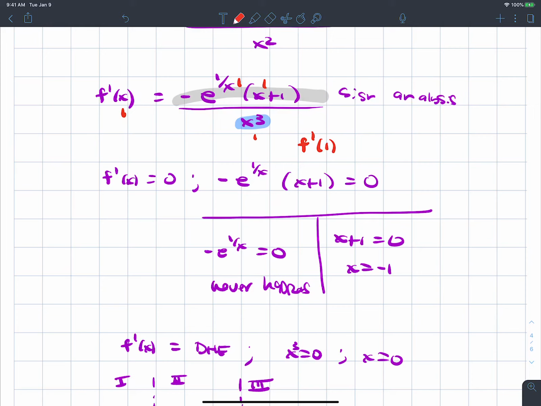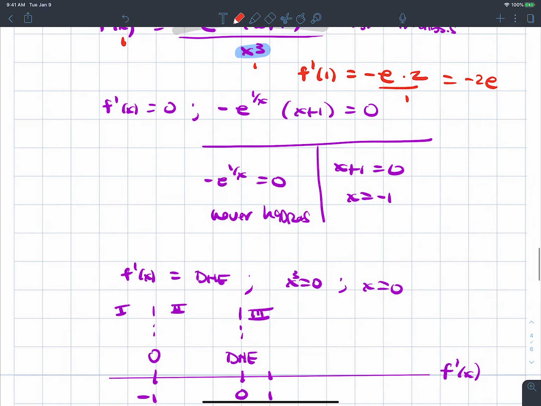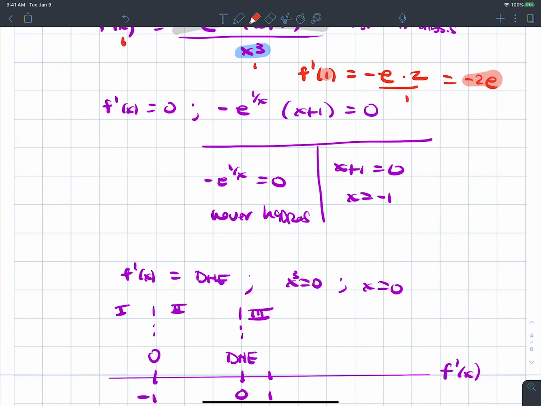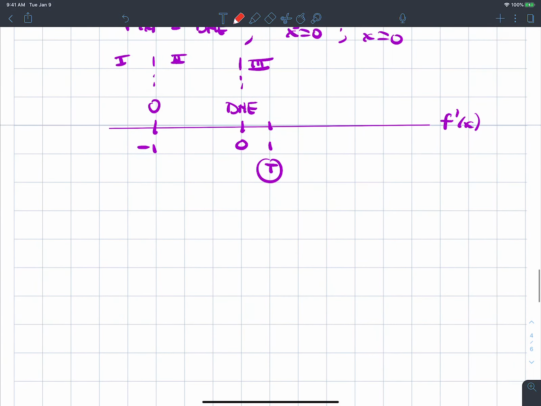We get f prime of 1 is minus e times 2 over 1, or just simply minus 2e, which is going to be negative. So I found this portion here is negative at 1. So that means in this quadrant, we got negative values. We have a decreasing situation.